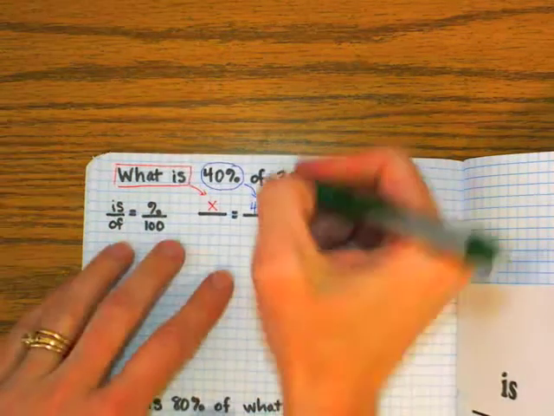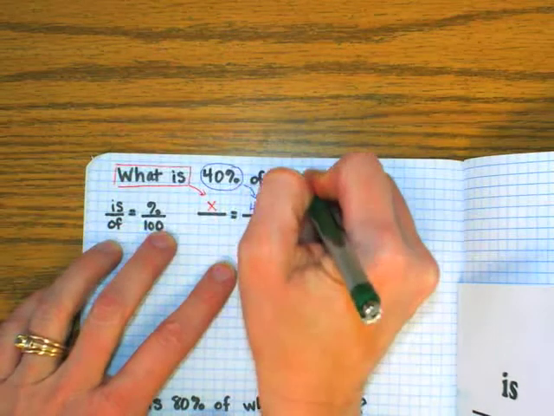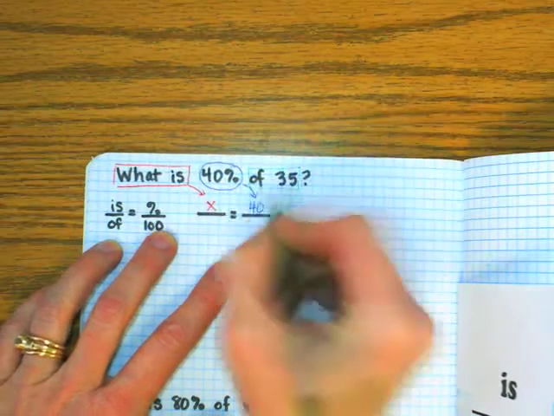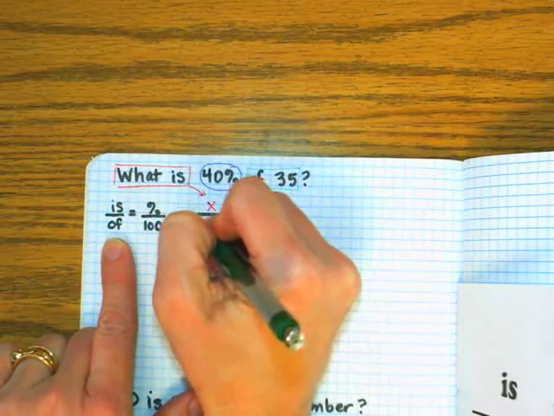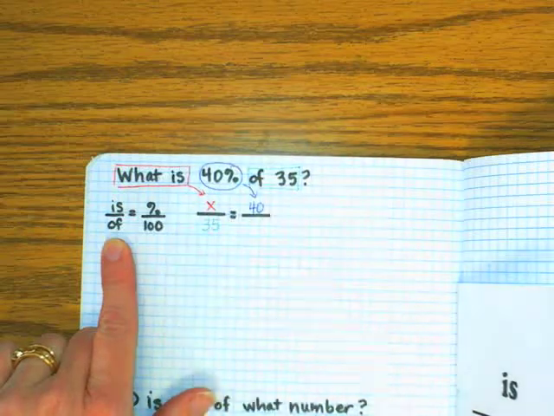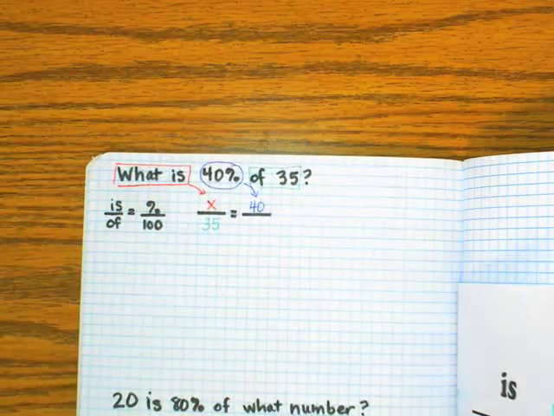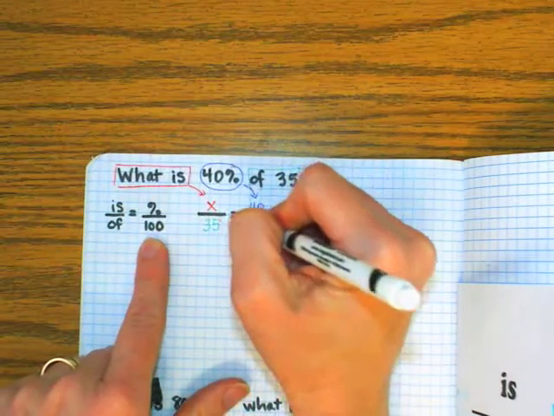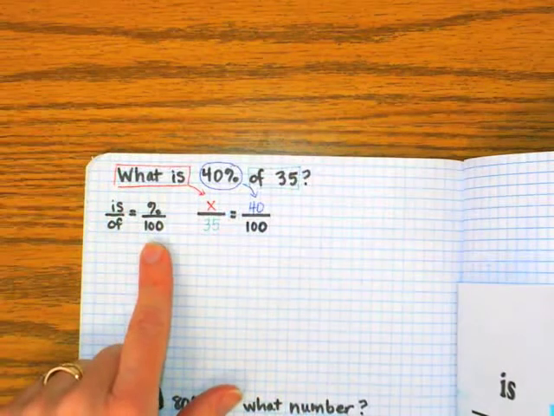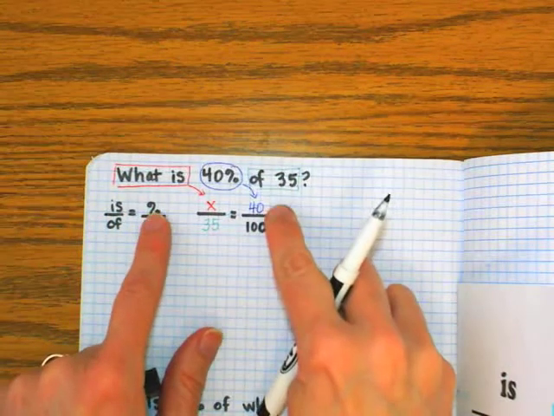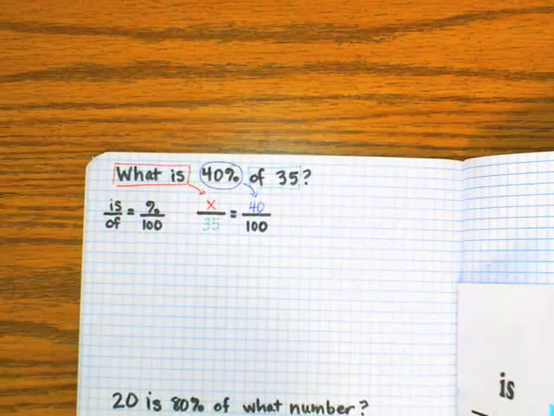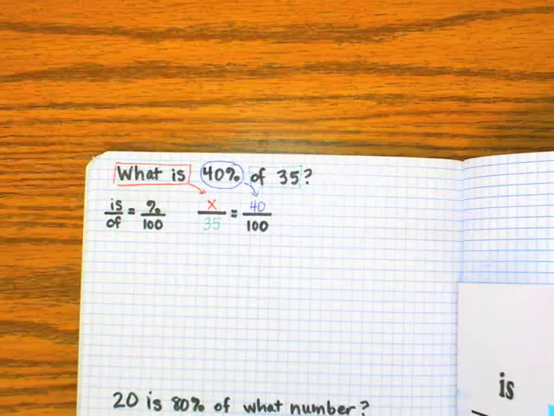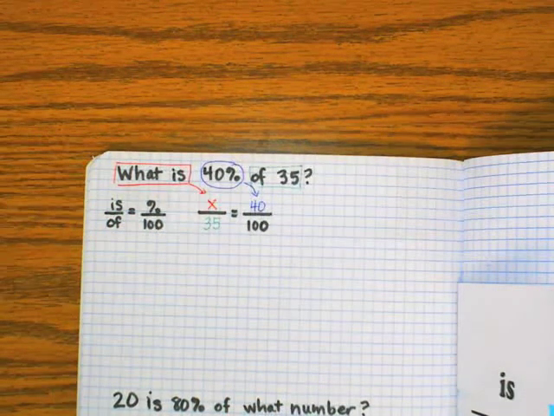And then last it says of 35, and of 35 goes in the of spot. So I'm going to write 35 there. And then always 100 goes in this bottom spot. So that's not going to change ever. That the 40% would be 40 out of 100. So now we need to figure out what that x value would be, and I'm going to show you three different ways to solve this.